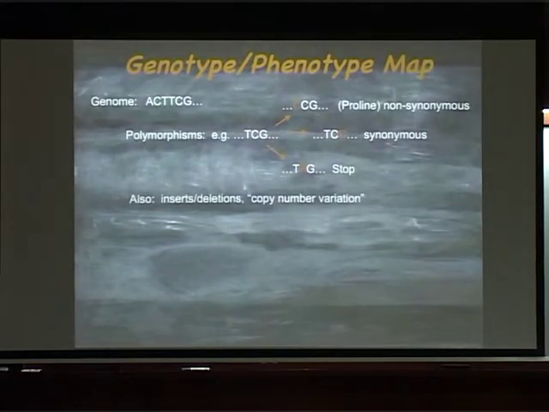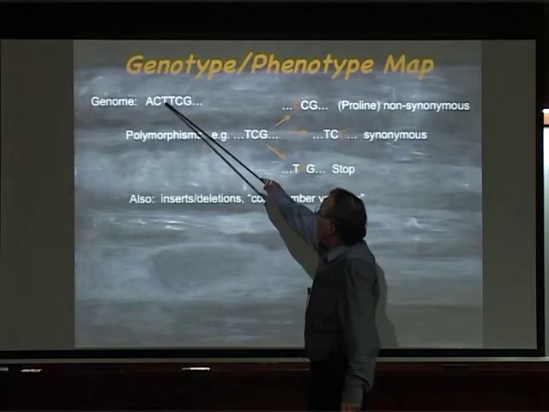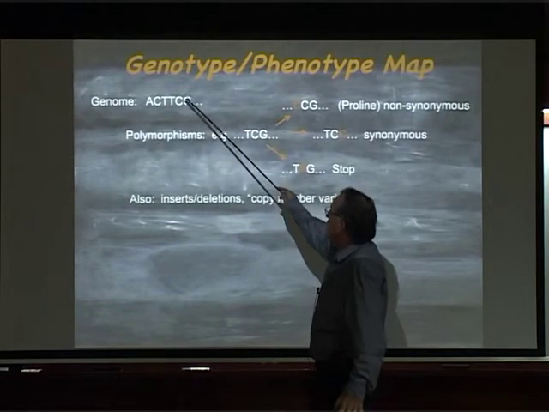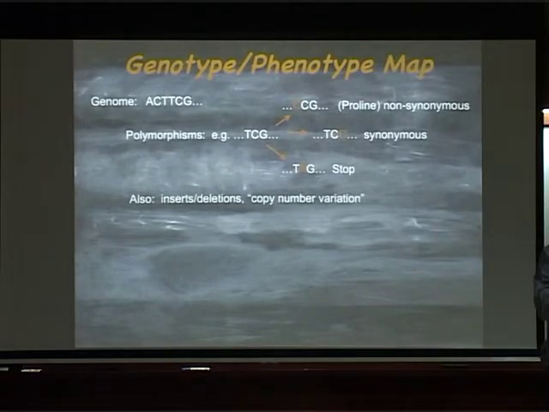This, of course, is not the only thing that can happen to a sequence. In the course of replication, a few letters might be dropped or repeated. So we call these deletions or insertions. Normally one would say insertions or deletions and call them indels.